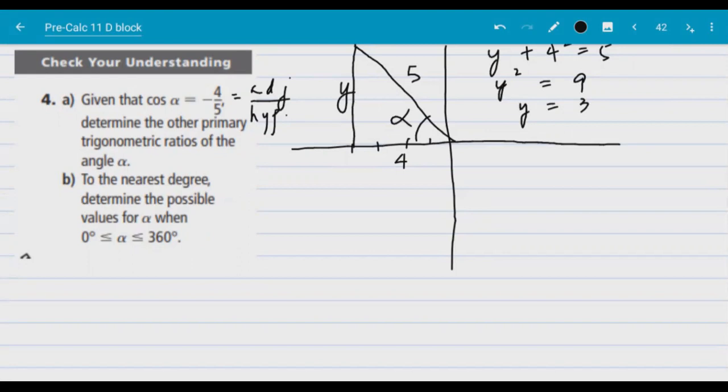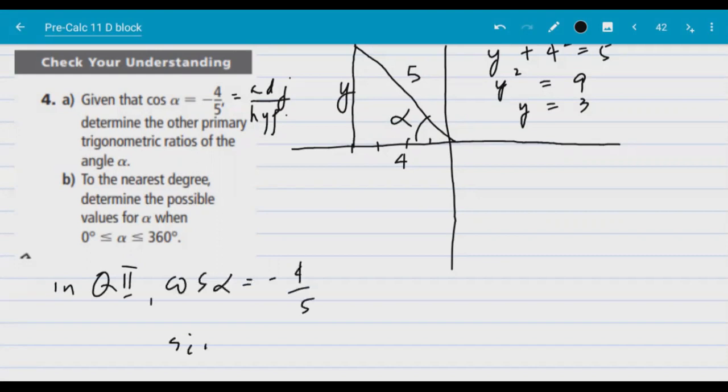So in quadrant 2, where do we put that? Okay, let's just put it here. In quadrant 2, cosine of alpha is equal to negative 4 fifths.